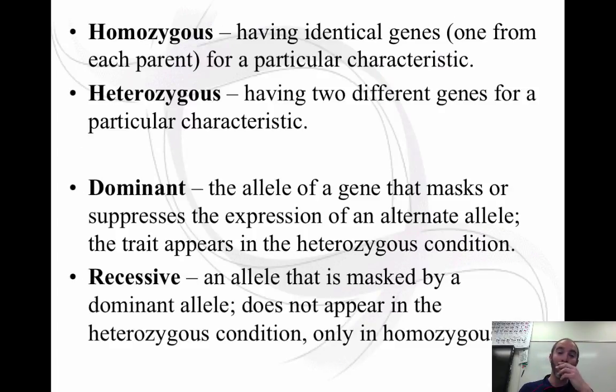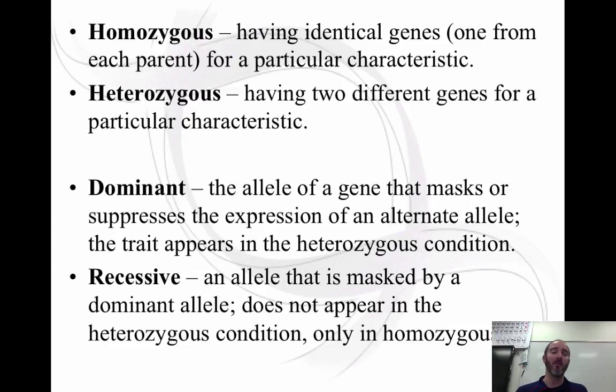All right, we should also know the idea of homozygous and heterozygous. Homozygous meaning that it's of the same, and heterozygous meaning that we have 2 different alleles or genes present. And then dominant and recessive genes. Dominant alleles or genes are going to be those that kind of overshadow or seem to express over the top of a recessive one, and a recessive one is one that's again being masked by the dominant.